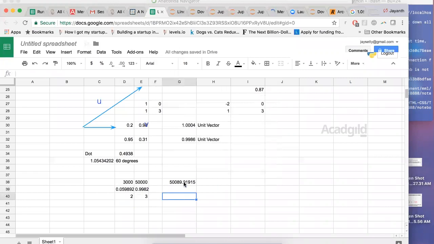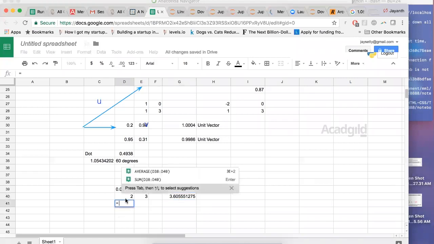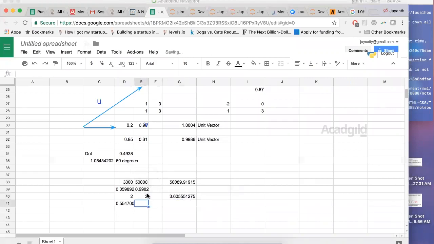Similarly, 2, 3 also has to be scaled down to its unit vector, dividing 3 by its magnitude. So it's 0.55 and 0.83. Now these two are workable numbers.